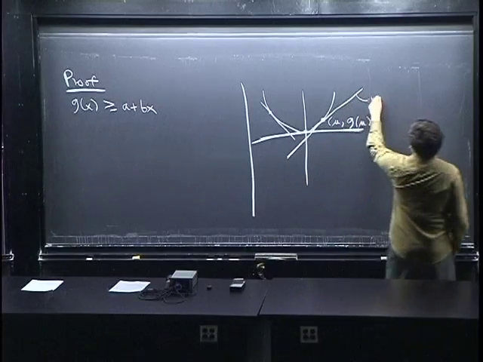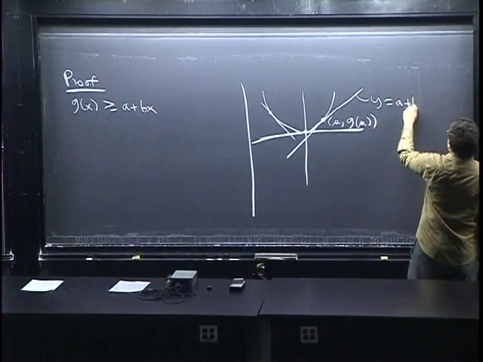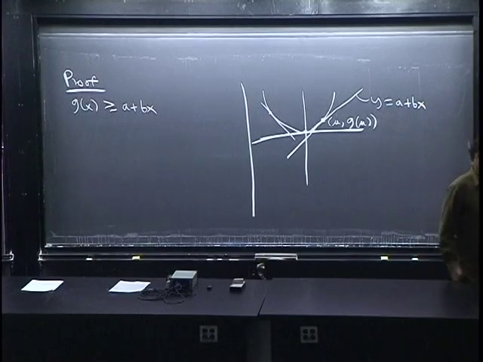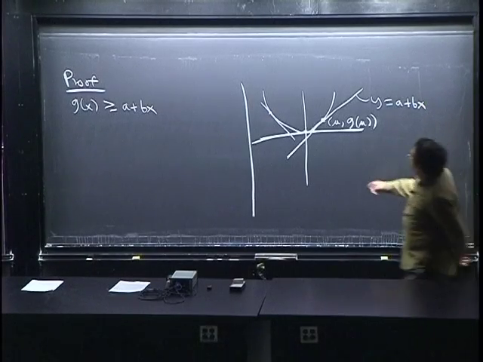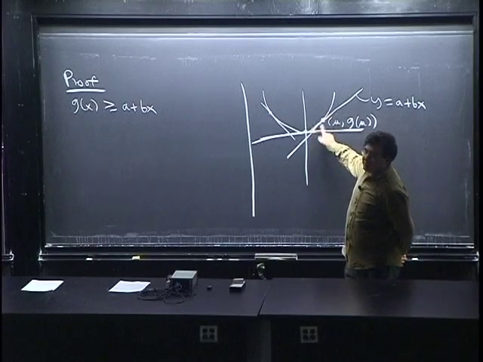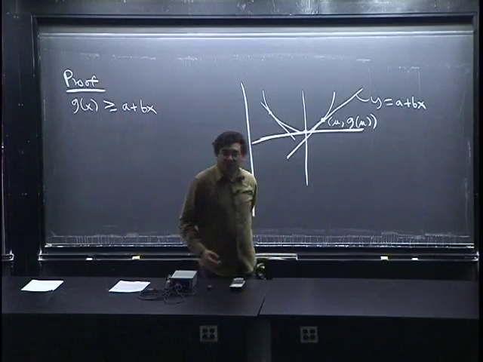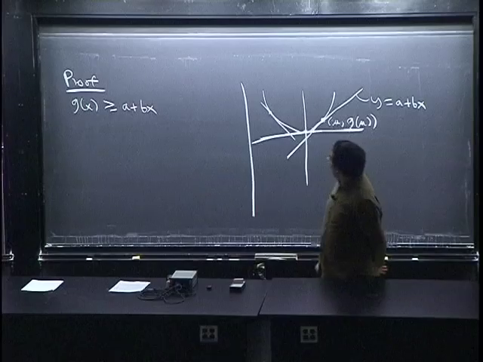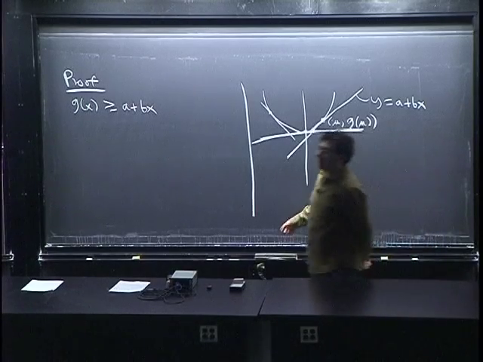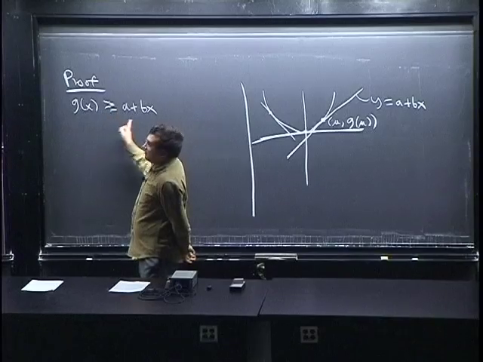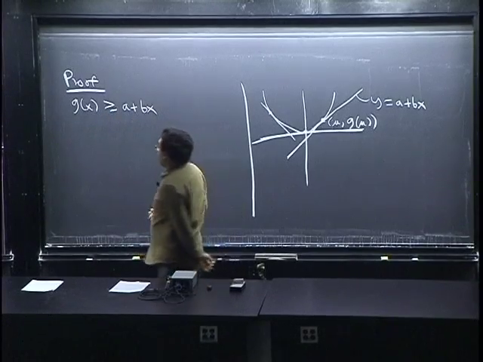So suppose that this line is the line y equals a plus bx. The statement that the curve stays above the line is just this inequality. Once you've studied the geometry enough to write down this inequality, then Jensen's inequality follows very easily.